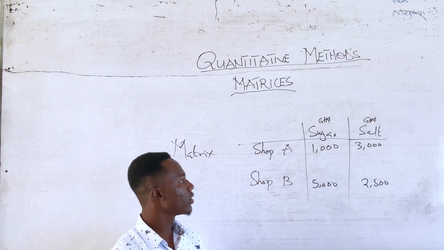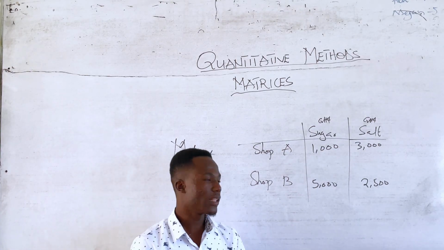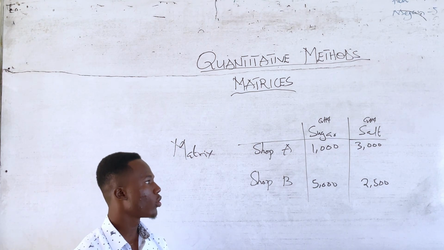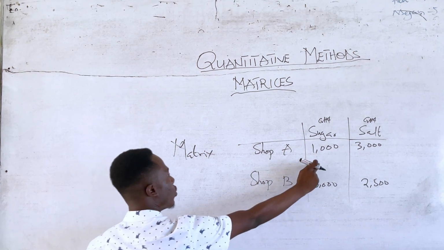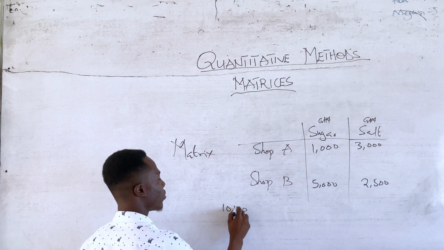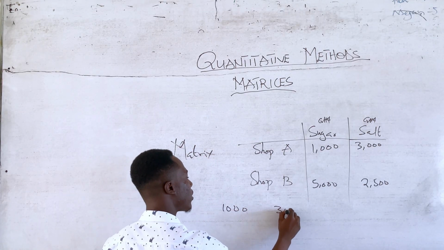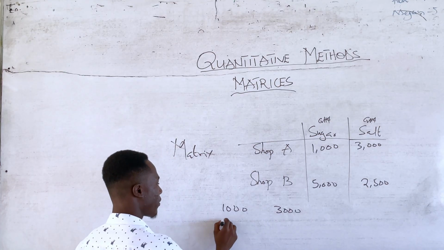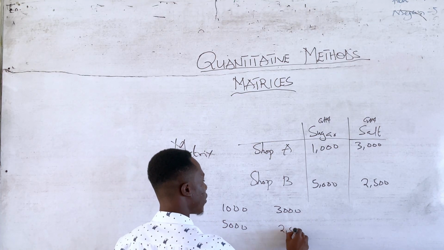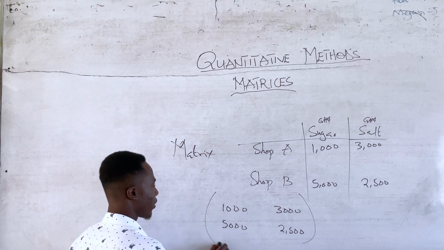So in this case, if you want to represent this in a tabular form, what you do is you have 1, 2, 3, 4, right? So you write 1,000, you write 3,000, you write 5,000, and you write 2,500, right?